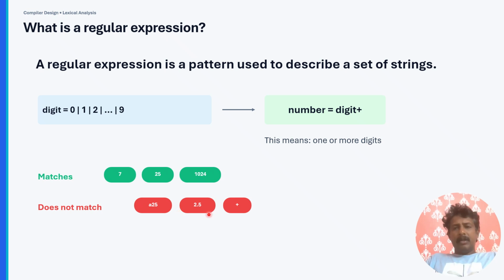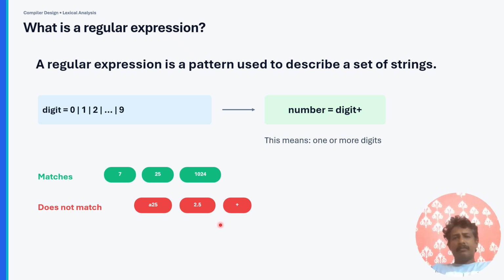Similarly, 2.5 also does not match, because it has a dot. So regular expressions help us say clearly what is allowed and what is not allowed.